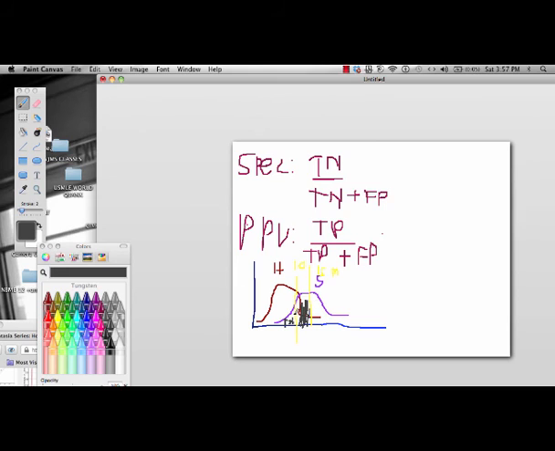We have a lot more false negatives here, people that we're leaving out because our definition is too high. 15 is way too high, we're going to miss a lot of people who actually have it. Are you going to have a lot of false positives? Then the answer would be no. You really won't have that many.